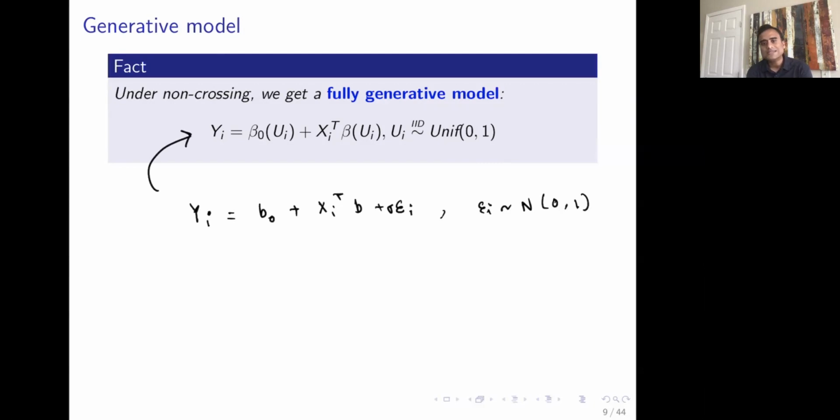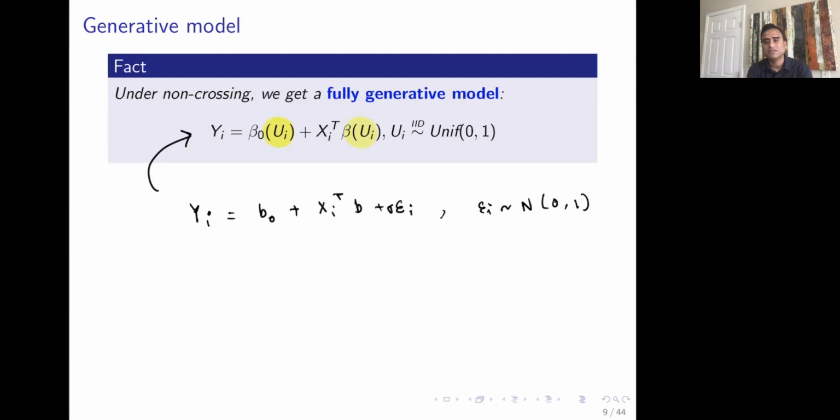So where is the noise now? The noise is not a normal additive noise. It's not something that you're adding to a mean line. It's a noisy quantile level, the u_i that goes inside your parameter value, drawn from a uniform 0, 1 distribution. So you have this template of hyperplanes, well ordered, fixed in place.